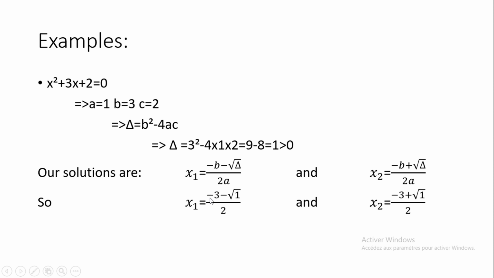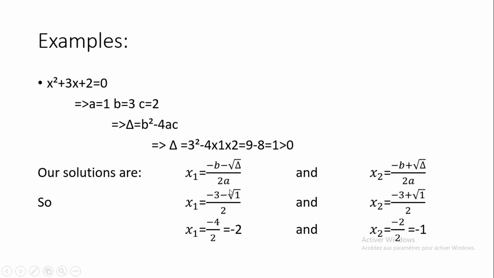So x1 is minus 3 minus the square root of 1 over 2, because b here is 3, delta is 1, and 2a, we have 2 here, and a is 1. So x1 equals minus 3 minus the square root of 1 over 2, and x2 equals minus 3 plus the square root of 1 over 2.